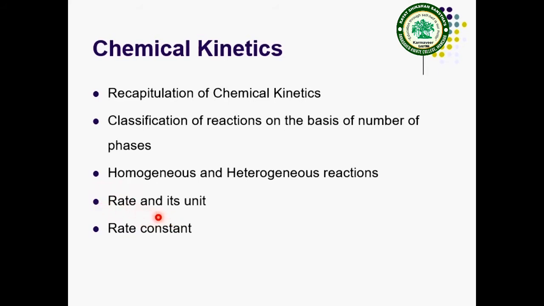For the chemical reactions, rate will be represented by dx by dt as a simple notation. So in this dx by dt means dx, infinitesimally small change in concentration, and dt, infinitesimally small change in time. It means change in concentration per unit time is called as rate.